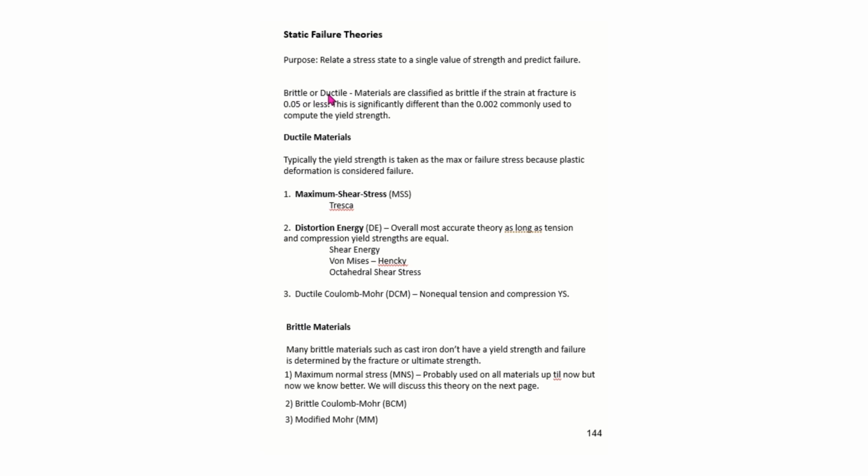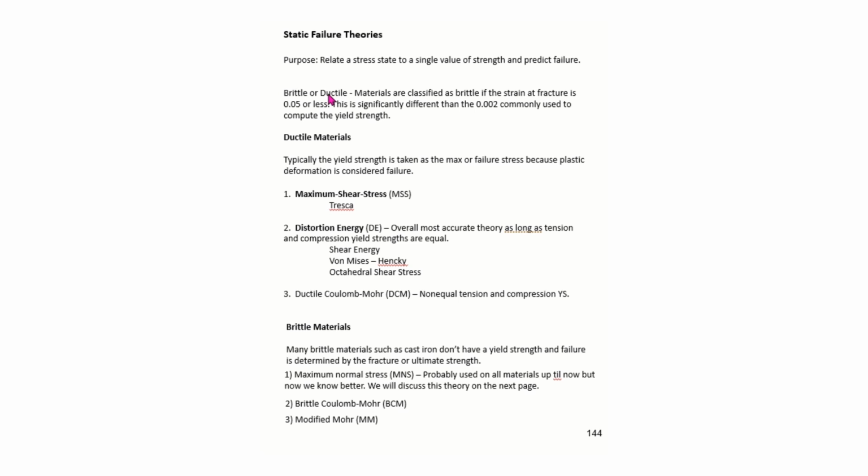It's important to note that the material may be a ductile material, but over the region of interest of which you're testing, it may act as a brittle material. So it's important that we pick whether the material is ductile or brittle based on the particular stress state and the loading over which we're looking at specifically, and not just classify the material in general.